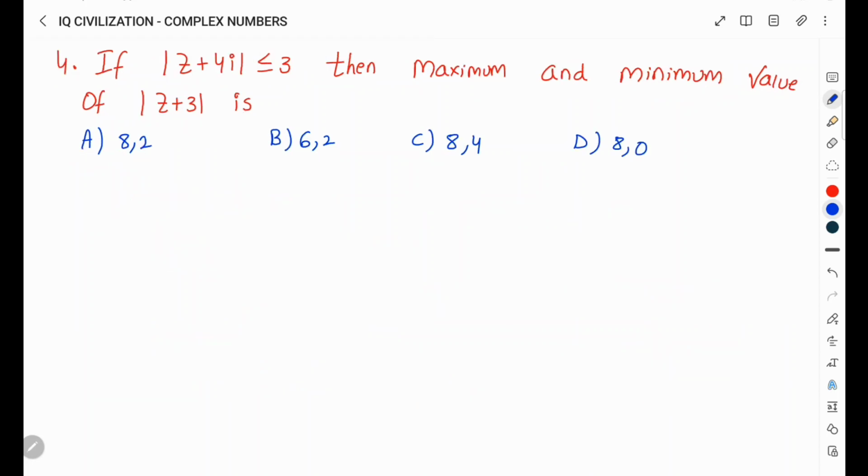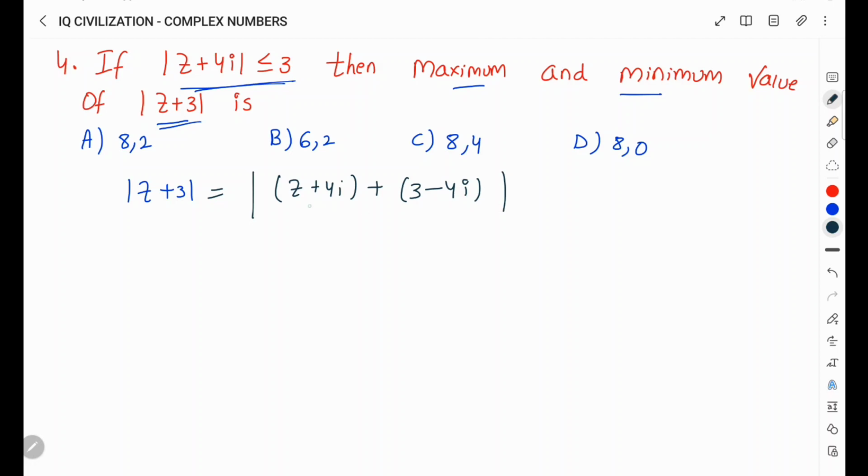Next. See again a similar model question. All these are previous year questions, very important. Here we need the value of mod z plus 3, and this is the first statement given, and we have to find the maximum and minimum. So I will write mod z plus 3 in such a way that z plus 4i plus 3 minus 4i. The 4i cancels, giving z plus 3, the same as the question itself.